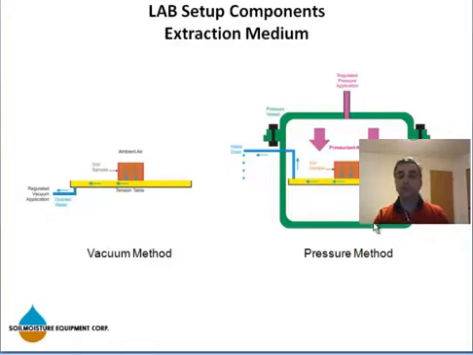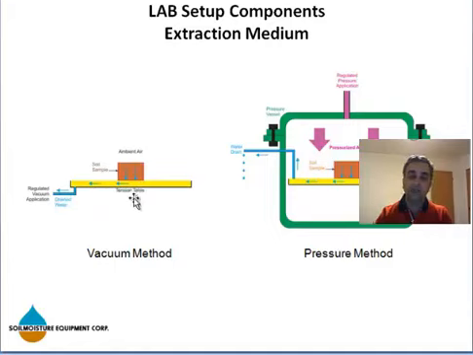Just to refresh your memory, in pressure method or vacuum method, there is a pressure or vacuum medium. And this medium that is shown in yellow color here acts basically like a filter, but it also has a special property to it.